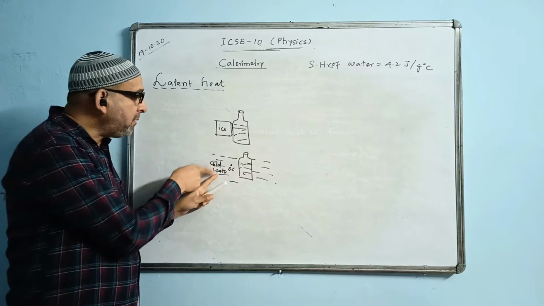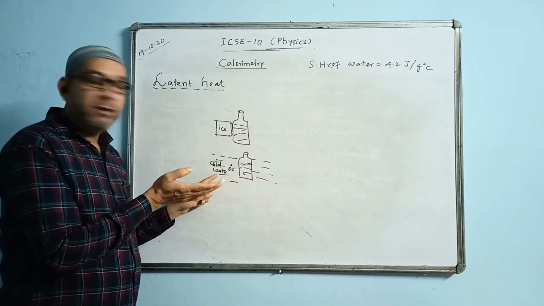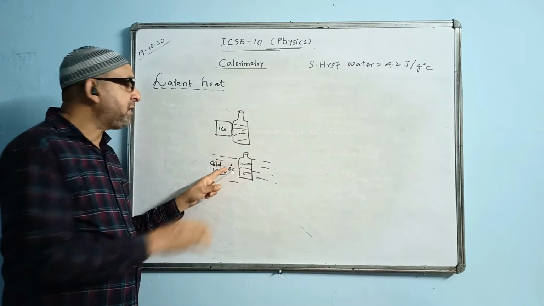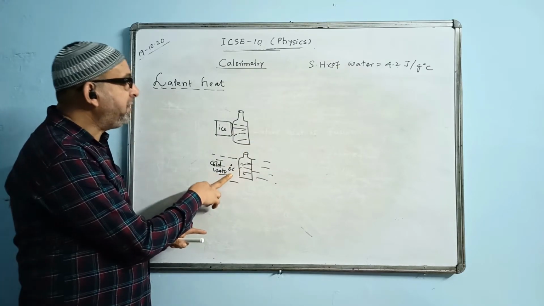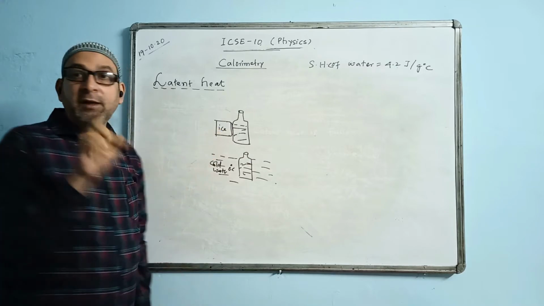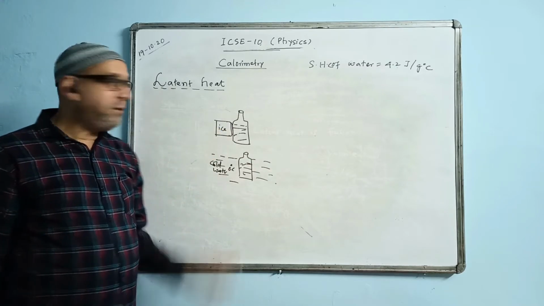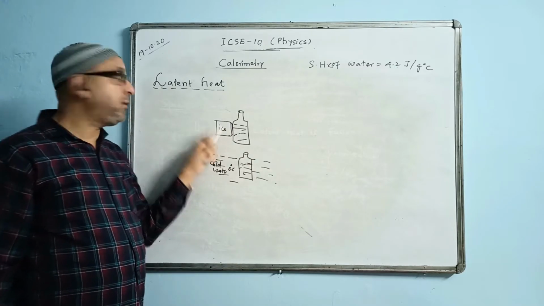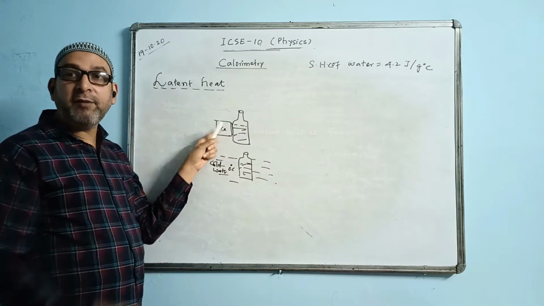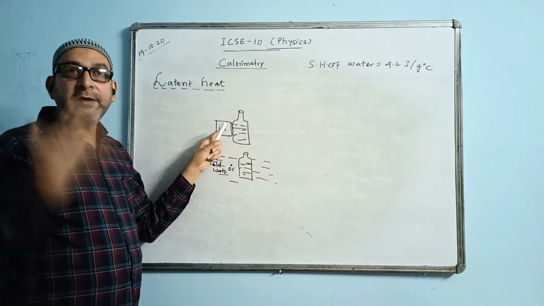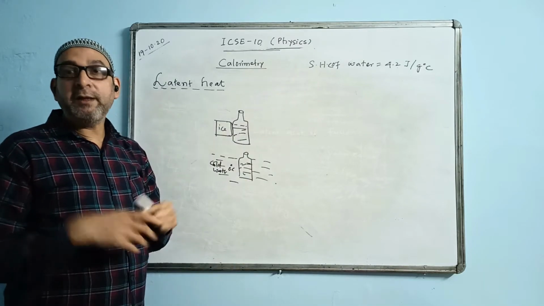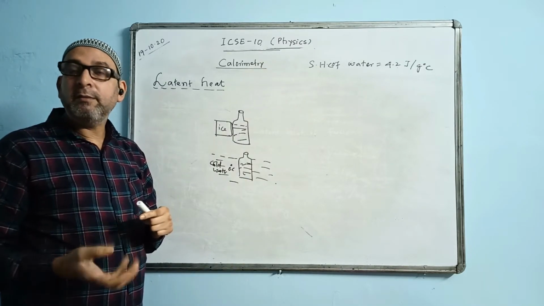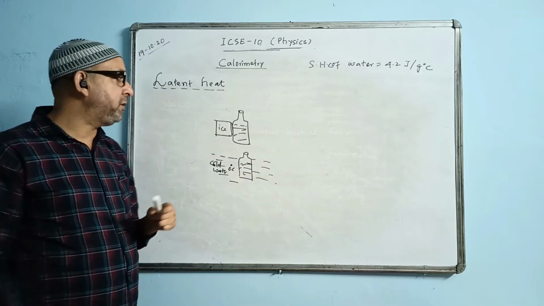But out here, 1 gram of water's temperature will change from 0 degree to 1 degree Celsius by absorbing only 4.2 joule of heat. Here 4.2 joule of heat is absorbed and this one is absorbing 336 joule of heat. Which absorbs greater quantity? Definitely ice, because it absorbs the heat in the form of latent heat, the value of which is much higher than the heat for just the rise of temperature.